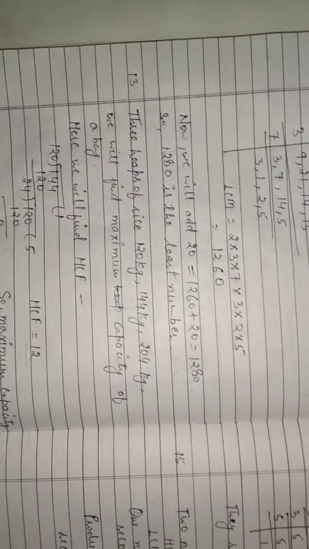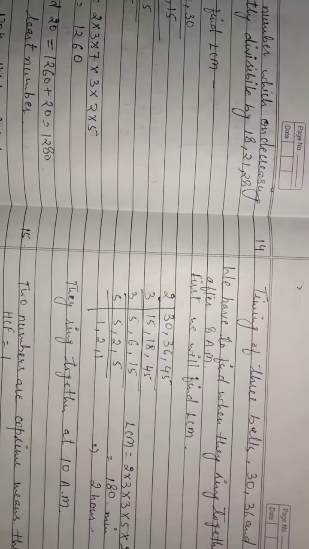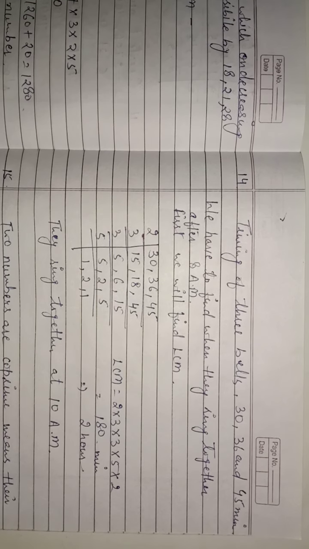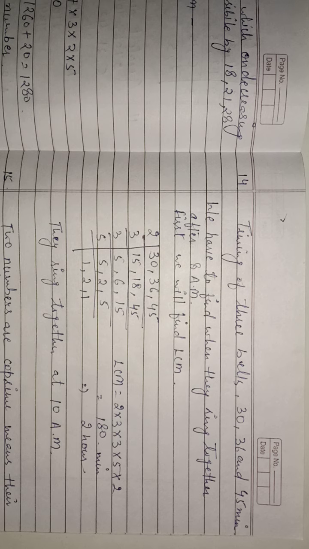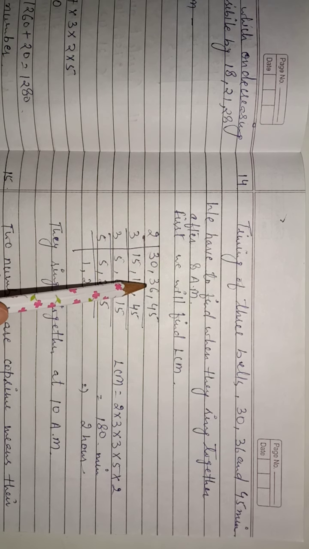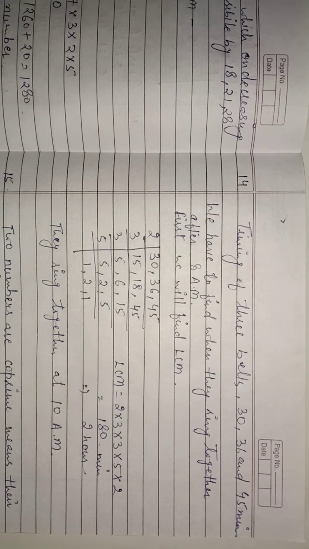So same as it is, the 14th question. Here we have to find the timing of the bell when they will ring together. So we will find the LCM of 30, 36 and 45.